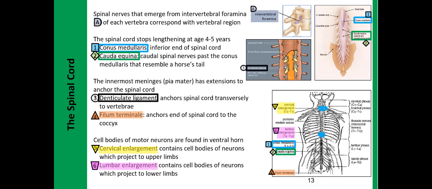So the cervical enlargement contains cell bodies of neurons that project to the arms and the hands, and the lumbar enlargement contains cell bodies of neurons that project to the feet and the legs, right? So they have to be housed somewhere, they have to be housed together, so they're housed in these enlargements within the spinal cord.